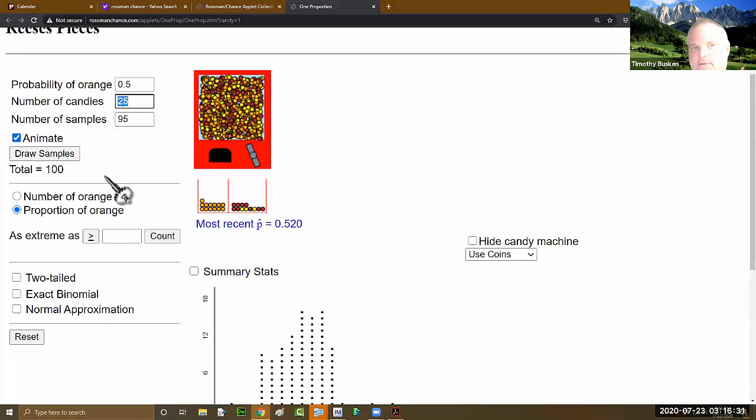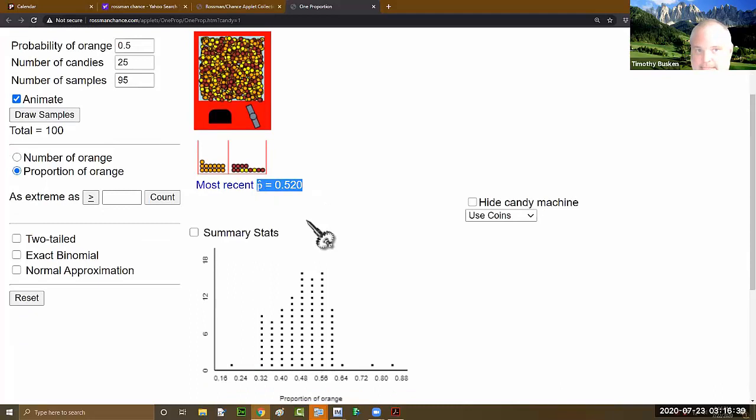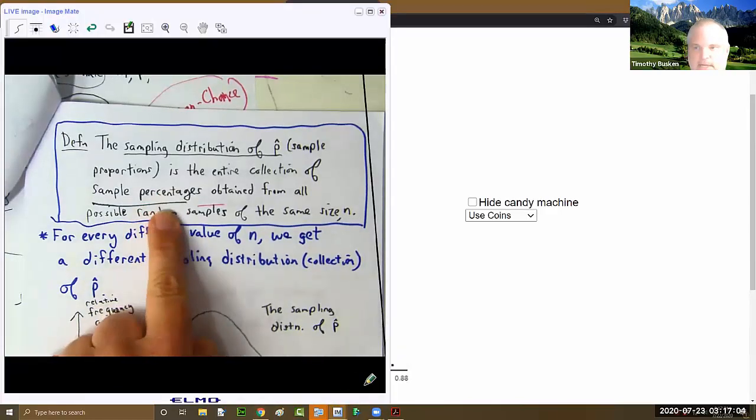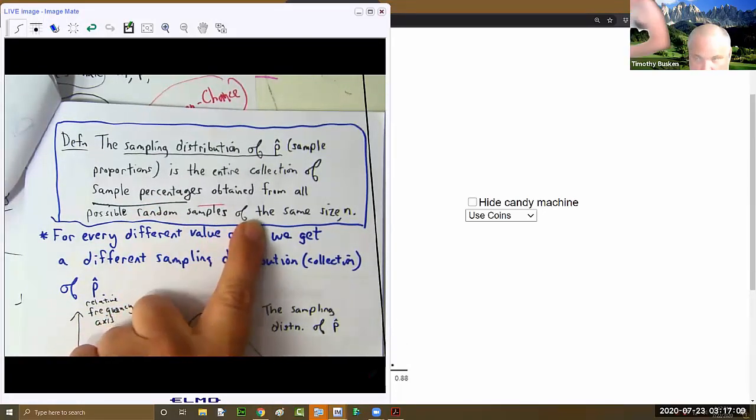Each time the app collected a sample, it also collected a sample percentage and graphed it as a dot on this dot plot down here, which, if we make the number of samples large enough, larger than 95, will be a good approximation of the graph of the sampling distribution. Remember that the sampling distribution is the entire collection of sample percentages obtained from all possible samples of size, in this case, 25.